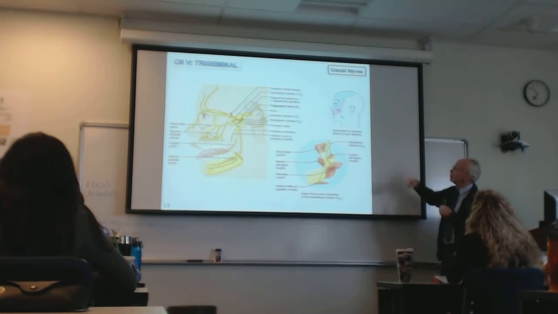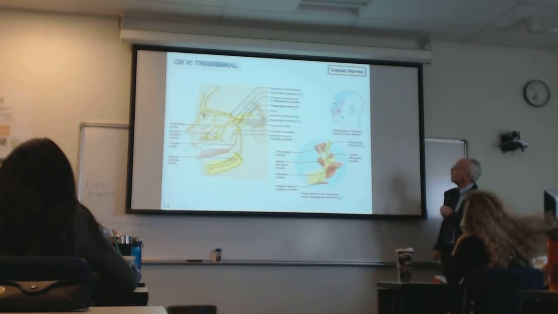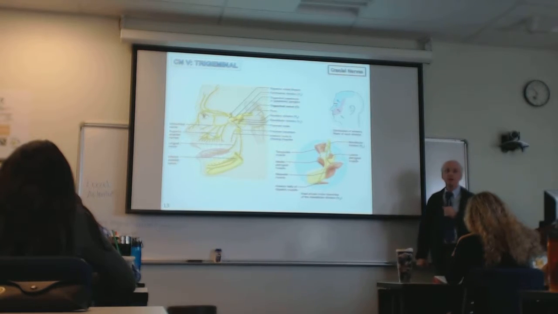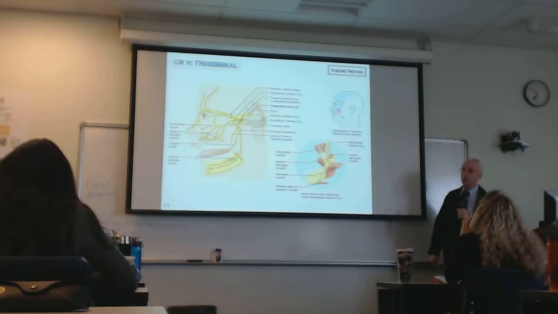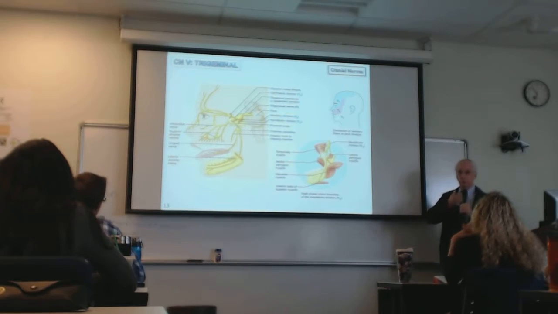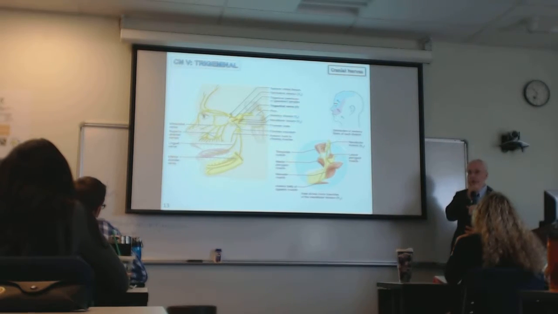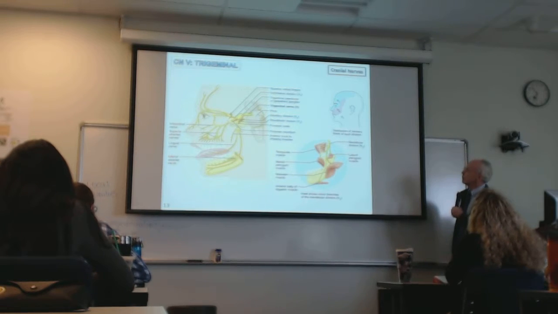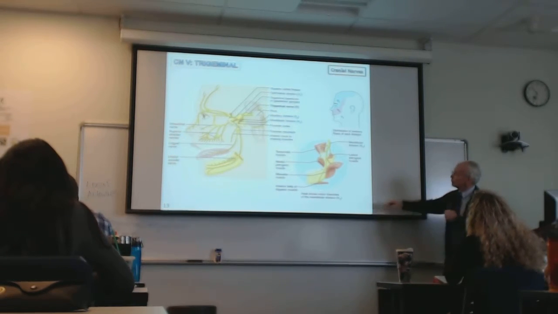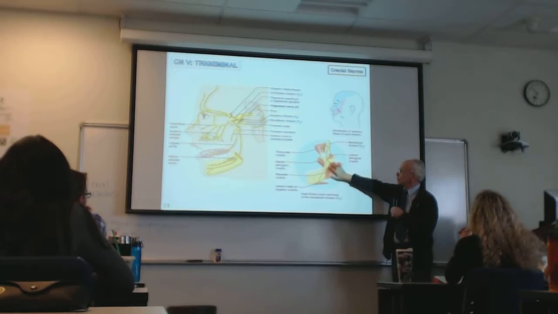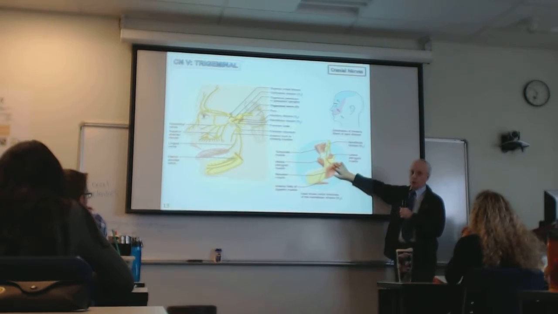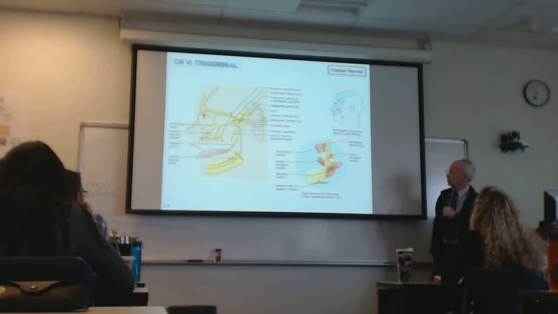You can see the region of the skin that is innervated, that is supplied by each branch. So V3 is not only a motor branch, it also affords tactile sensation, somatic sensation from the mandibular region as well. And then this is simply showing you that the anterior trunk of V3 supplies the muscles of mastication, the temporalis, the masseter, the 2 pterygoids.